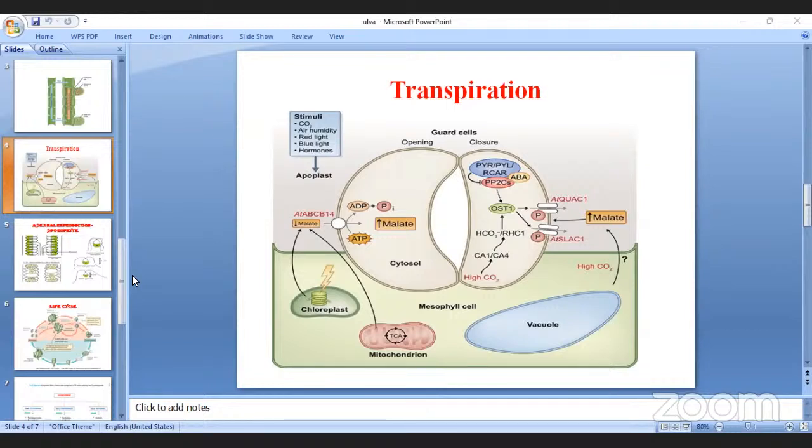Amino acids. Amino acid means NH2. What is present in amino acid? Nitrogen. The coenzymes and enzymes are also proteins. What are the nucleic acids? Again, they are nitrogens.